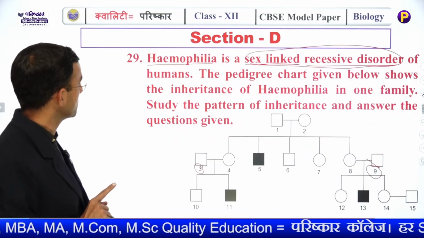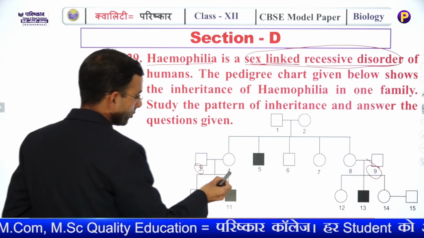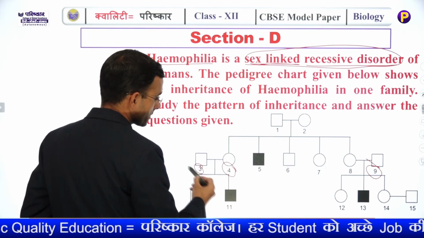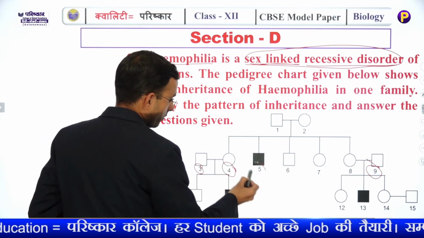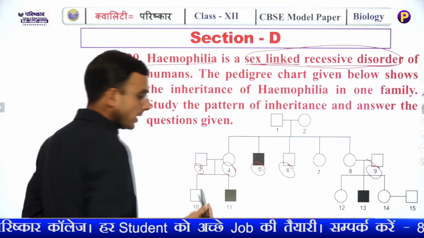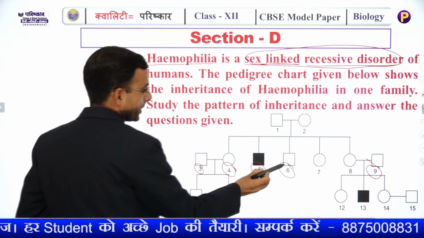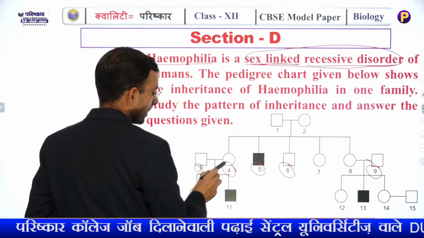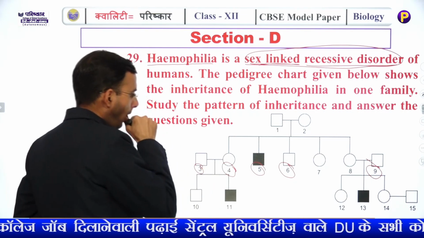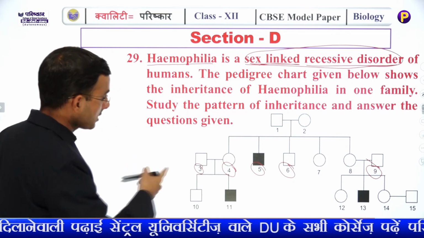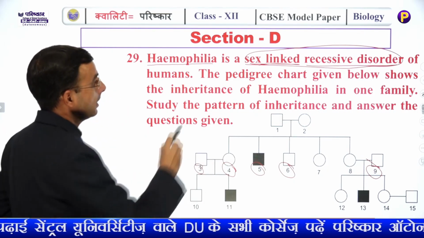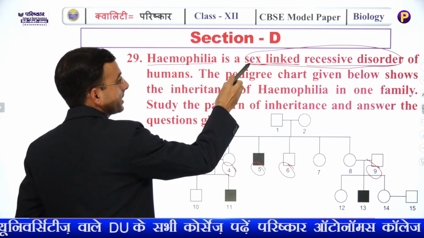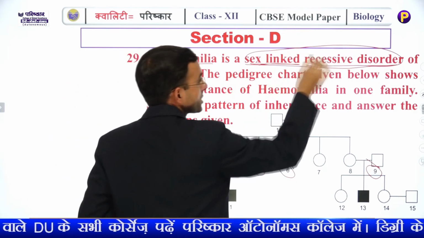So we have to give the genotype of 4, 5 and 6. Look at this one: this one is normal, this one is affected, and this one is also normal. This is a sex-linked recessive disorder.